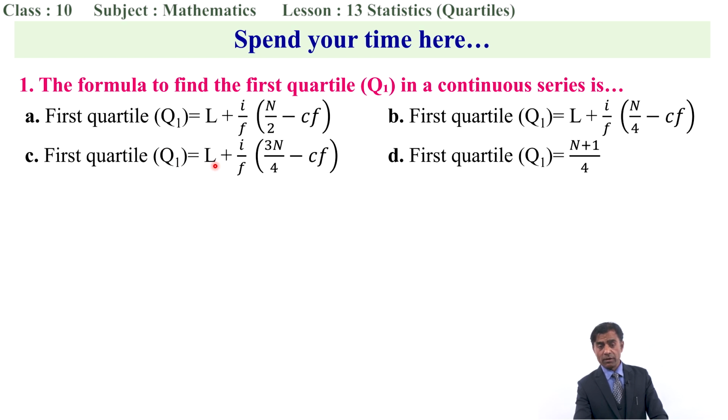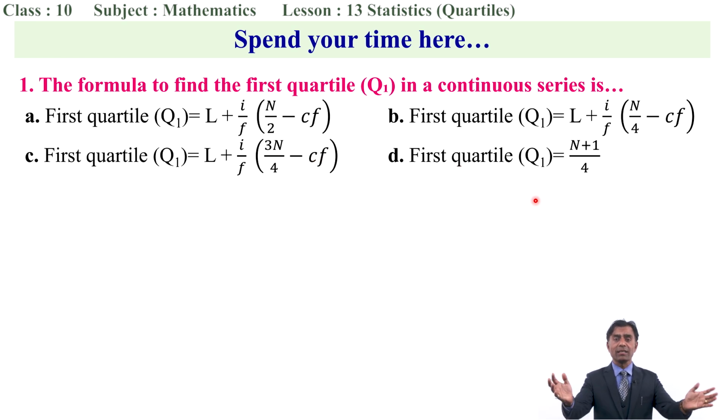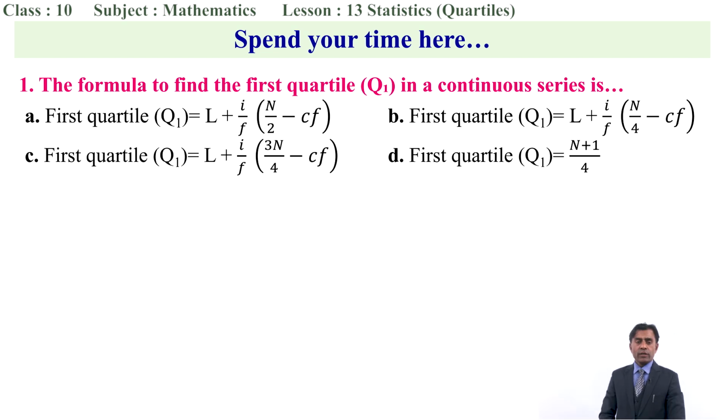Option C: Q1 is equal to L plus I by F times 3n upon 4 minus CF. And option D: Q1 is equal to n plus 1 by 4. Which one is the right option? Is it option A? No. Why? Because there is n by 2, but in case of the first quartile, we don't have n by 2. So that is not the right option. From these, the right option is B.